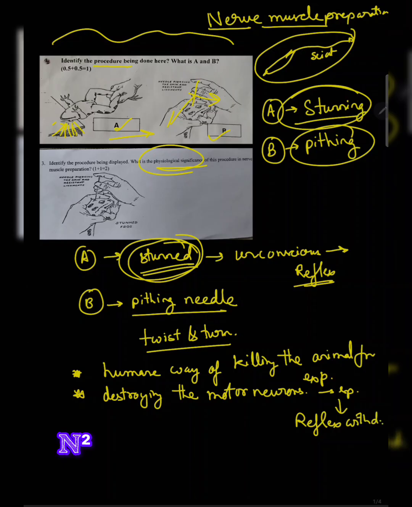If we are doing an experiment on the muscle or the nerve, supposedly you are taking this nerve and stimulating it with an electrical shock. If we did not do the pithing step, there will be a withdrawal response of the leg and the animal will react.